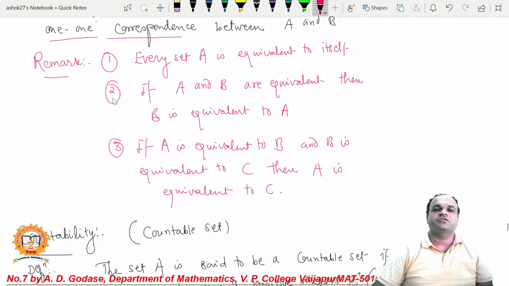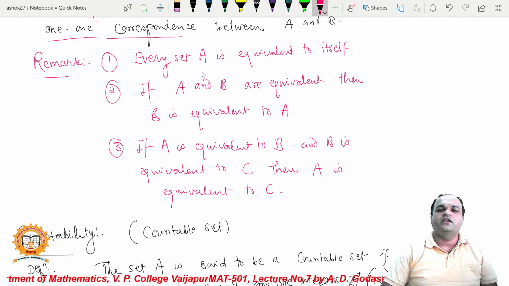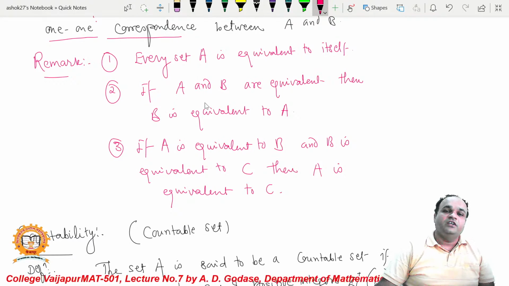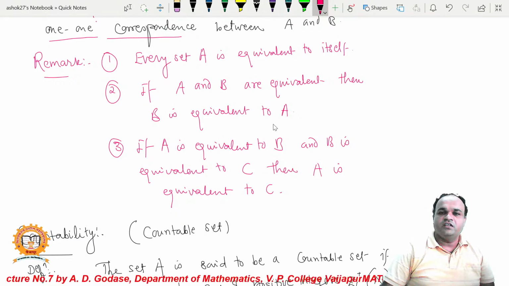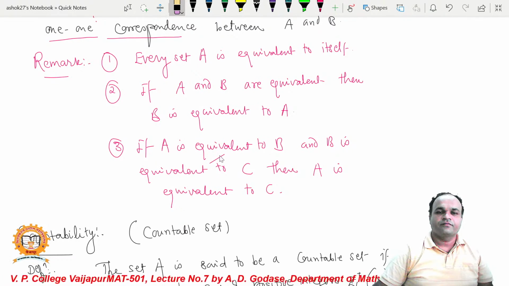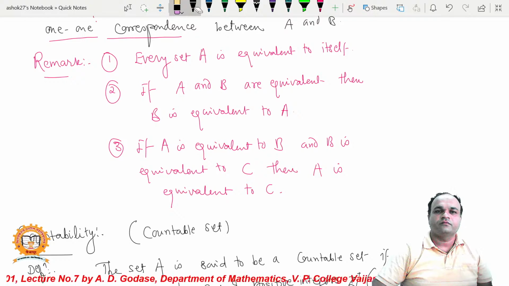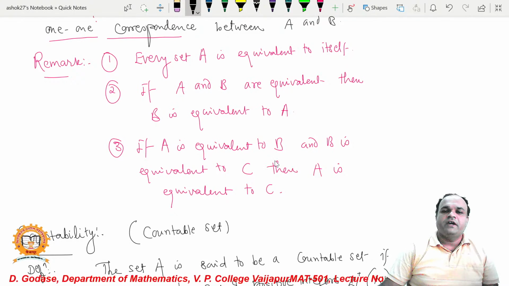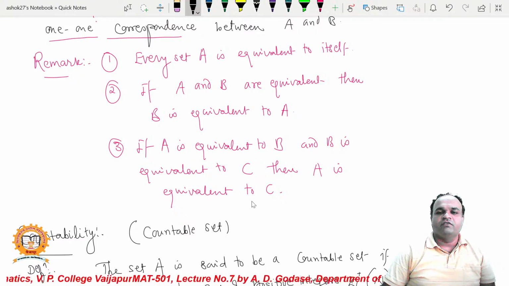Remark first, every set A is equivalent to itself. Second, if A and B are equivalent, then B is equivalent to A. And third, if A is equivalent to B and B is equivalent to C, then A is equivalent to C.